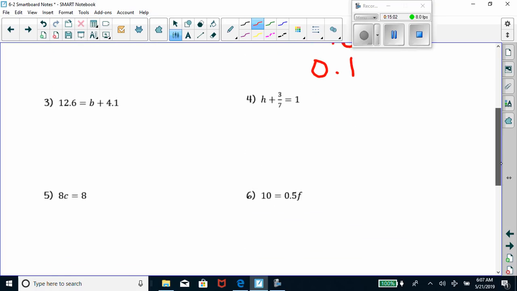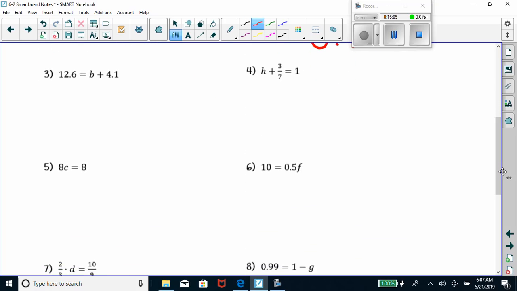Okay, let's move on to number 3. 12.6 equals b plus 4.1. So I know these two numbers combined, b, whatever that is, and 4.1 must equal 12.6. So if I do 12.6 minus the 4.1, that should give me whatever b is.